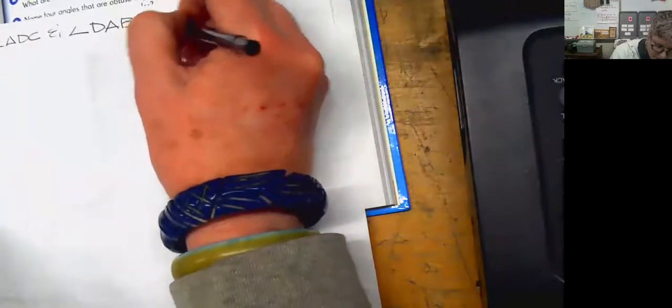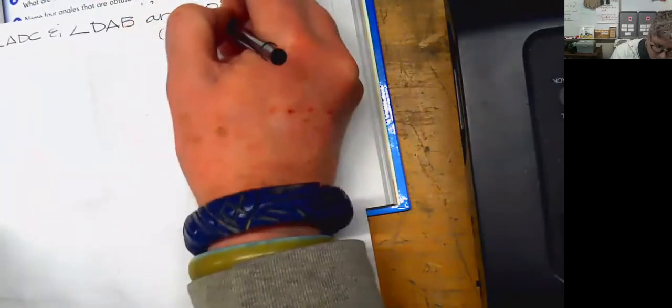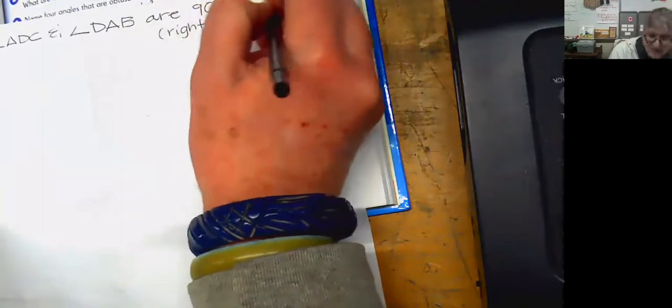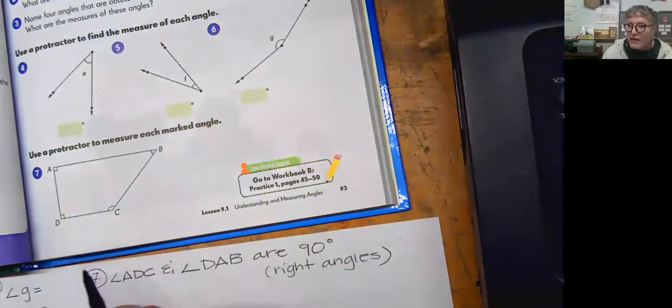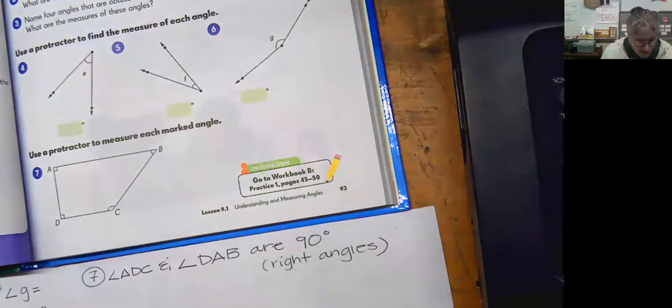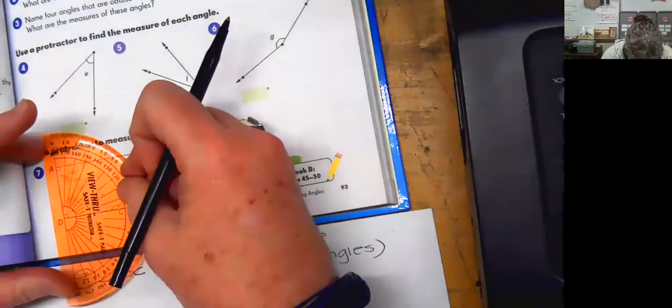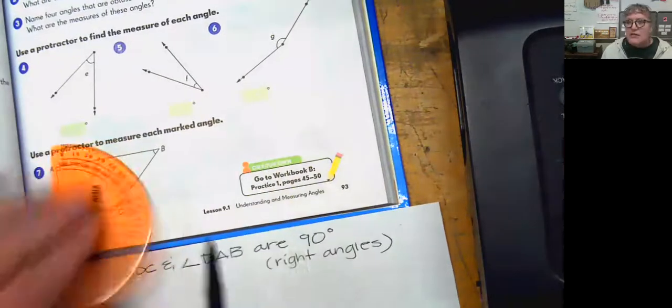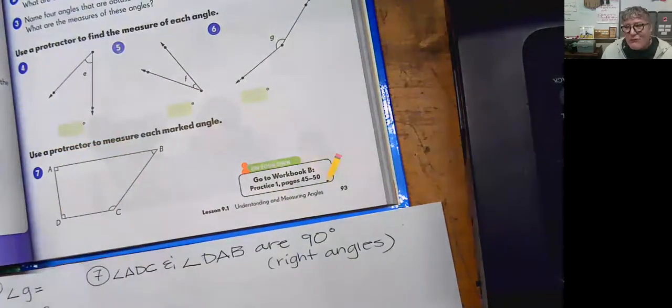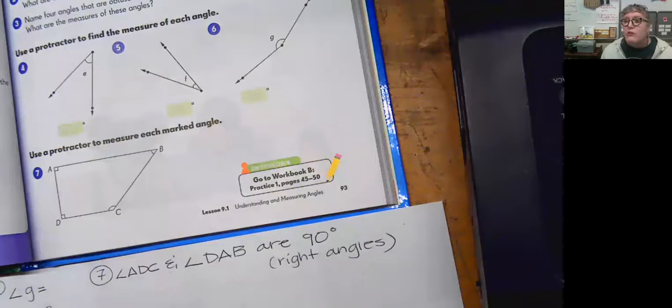And they're right angles. And I know that because I'm seeing the square. The square is the international symbol for right angle. So I can measure it if I want to, if I'm feeling extra. See, it's going to be 90. So you know that it's 90 if you see that square. You don't even really have to measure it. They wouldn't put a square in the math book unless it was 90.